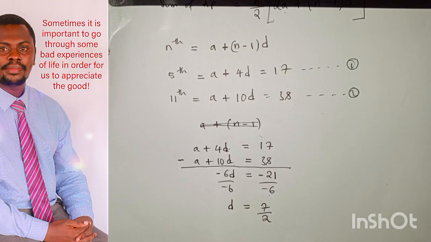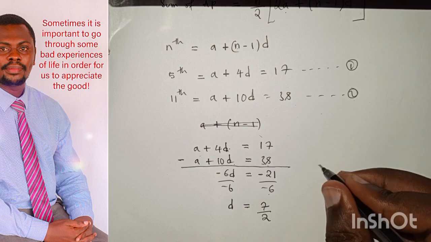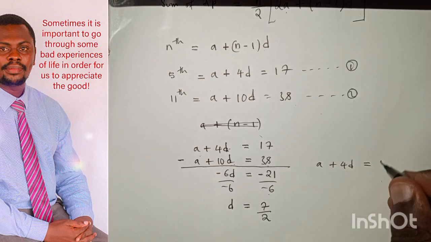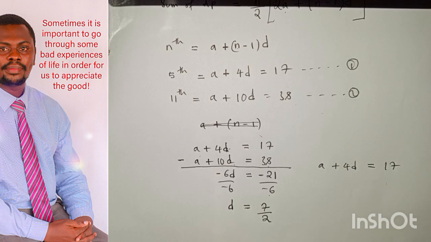So solving for A, we can use either equation 1 or equation 2. Which one should we use? Okay, thank you. Let's use equation 1. So equation 1 is A plus 4D is equal to 17. Where there is D, we put 7 over 2.